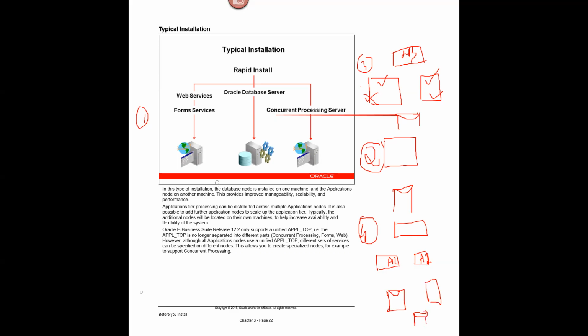This is a little more complex one, but if you are comfortable with this, then you have covered most of the things. If one node goes down, you have another node. If one application tier goes down, you have another. So you have high availability for both the application and the database.